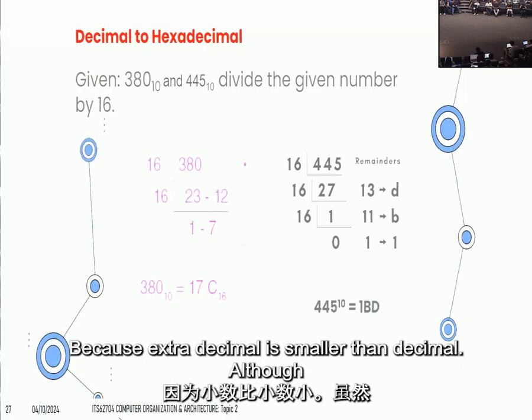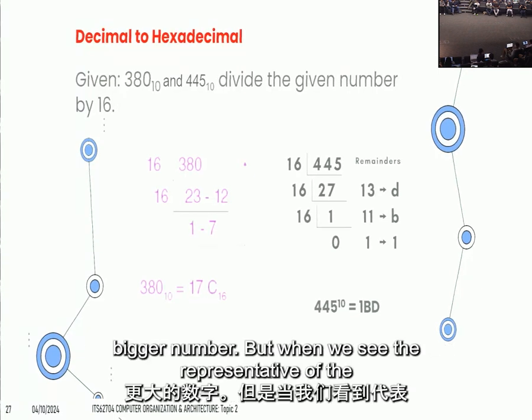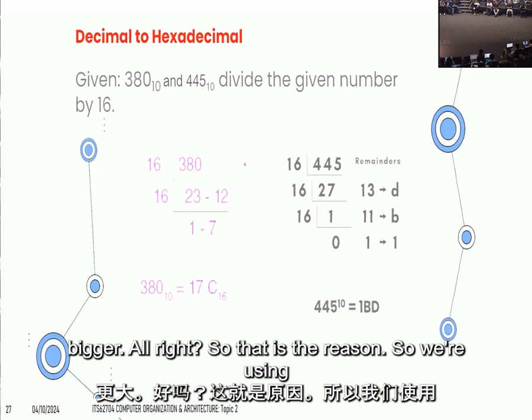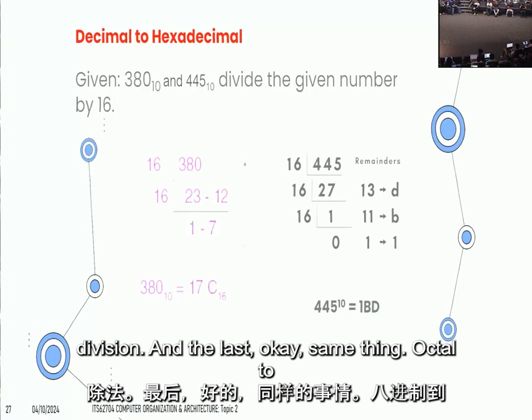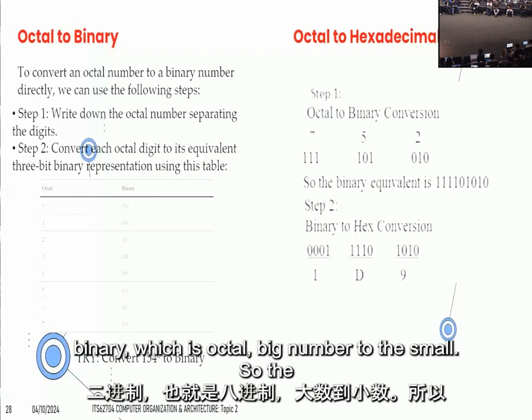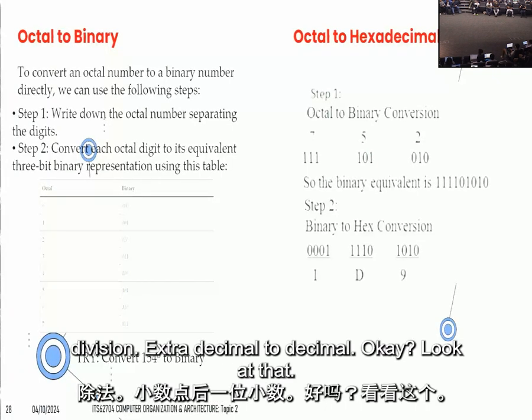Because hexadecimal is smaller than decimal. Although decimal, as well as the hexadecimal, is representing a bigger number, when we see the representative of the numbering base in the 2 complement, decimal is bigger. So that is the reason. So we're using division. And the last, same thing, octal to binary, which is octal, big number, to the small. So the big number to the small, what I said to you, using division.